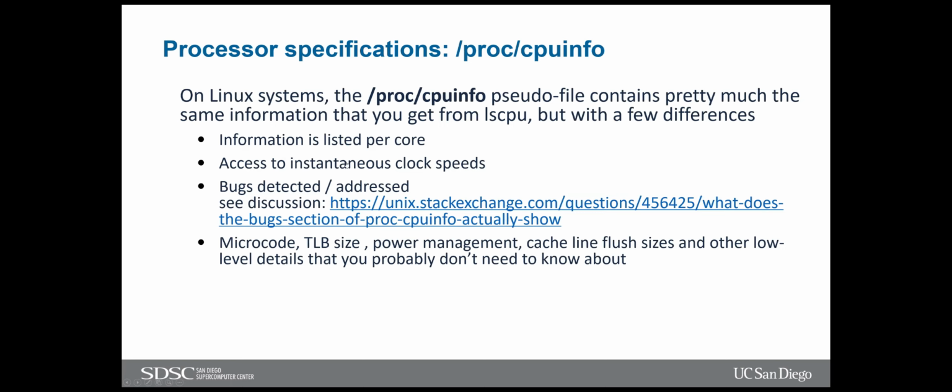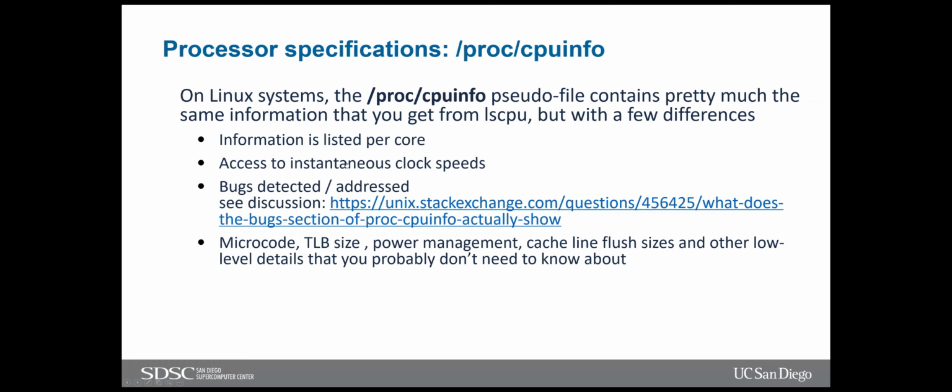Much of the information from the lscpu command came from the pseudo-file /proc/cpuinfo. The difference is that lscpu provided nice summarized data about all the processors on that system. The cpuinfo pseudo-file will actually give you information about each core, listed per core.